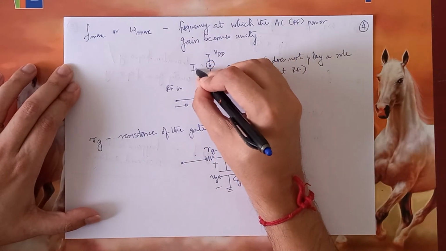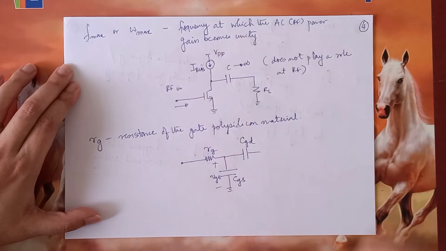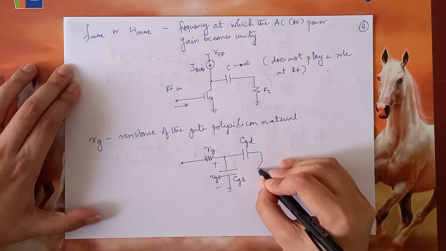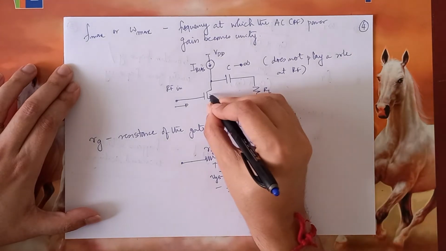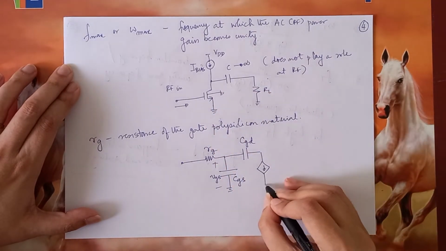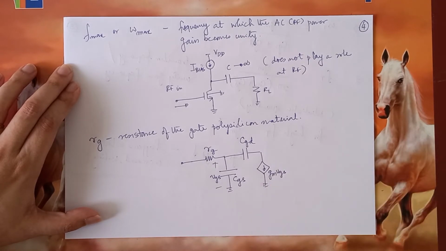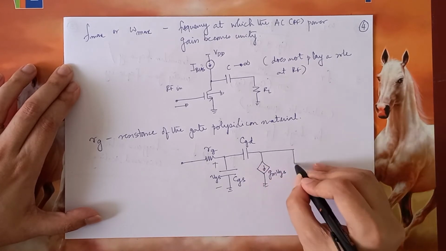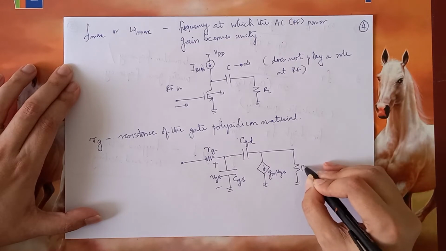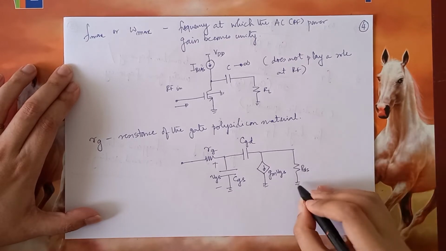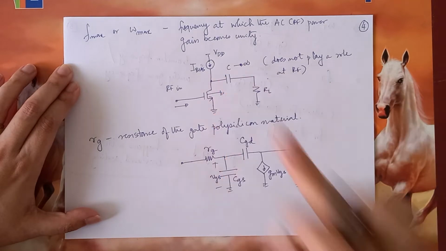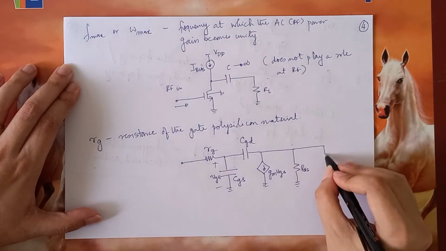And the VDD is also replaced by a short circuit. Then we have the gm VGS. Then RDS. And finally, this is a short circuit, so we directly have this RL.